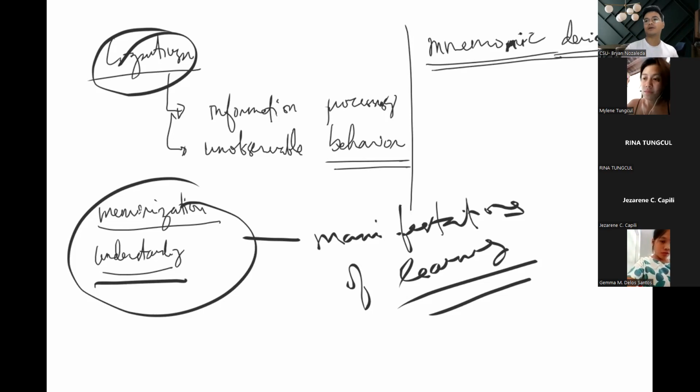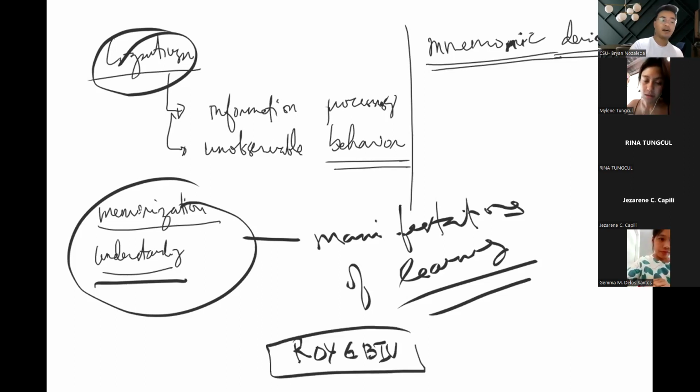For example, what are the colors in the rainbow? Roy G. Biv. This is an example of a mnemonic device because it allows you to memorize the colors of the rainbow, to store the colors in the rainbow.